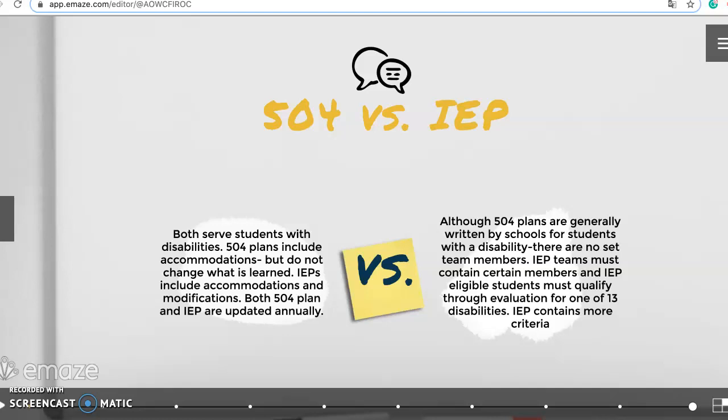And although 504 plans are generally written by schools for students with a disability, there are no set team members for how this will be implemented. It's up to the school site and the student's case to decide how this is implemented. An IEP must contain certain members, and IEP format is the same nationwide in that it has to contain the same criteria.